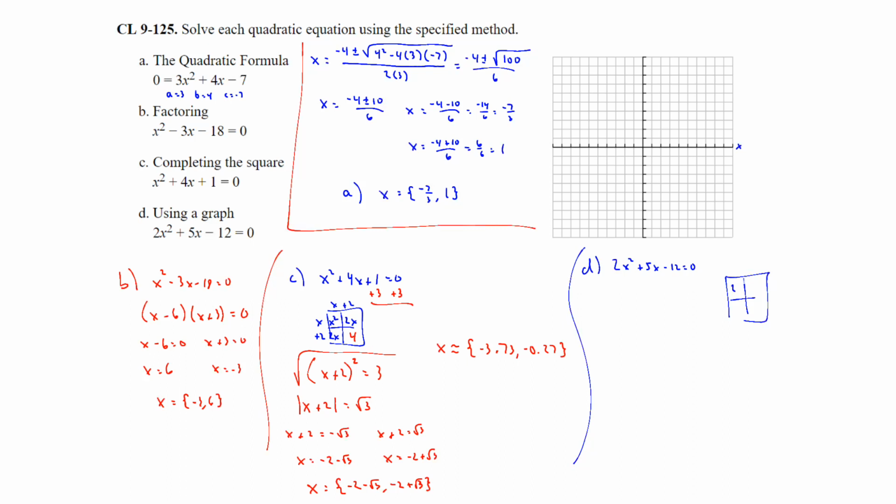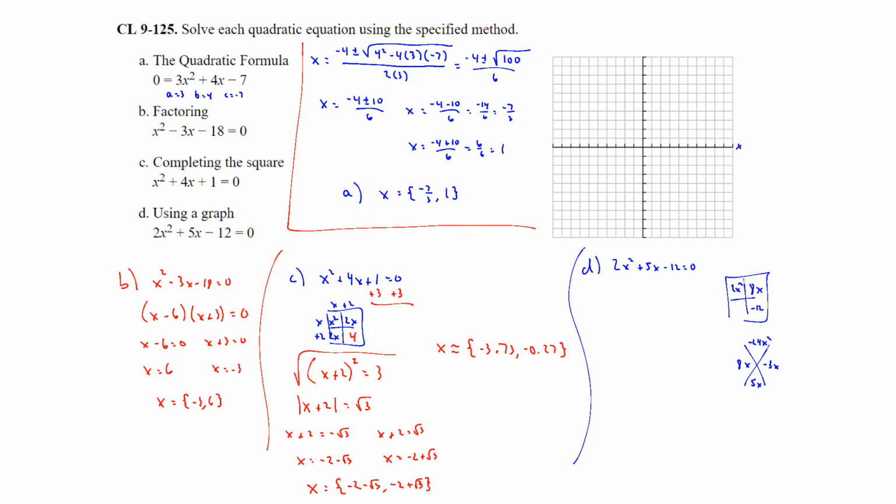We have it at 2x squared and a negative 12. So we are looking at factors of negative 24x squared that are going to add to 5x. And let's see, 8x and negative 3x adds to 5x and multiplies to negative 24x, so it does work.